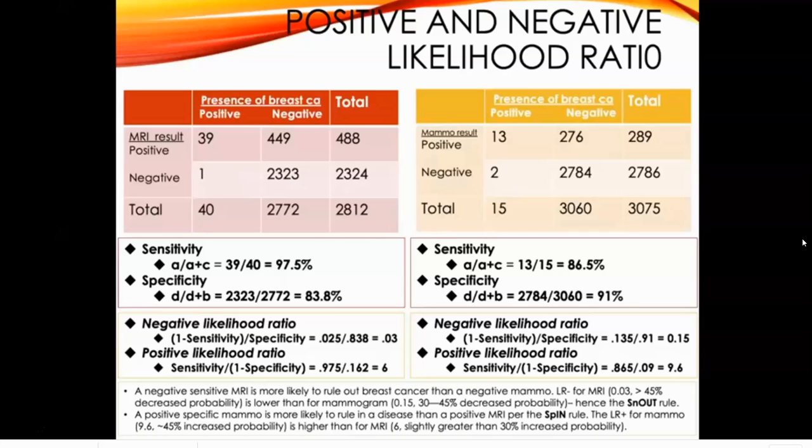And that's higher than the positive likelihood ratio for MRI, 6, which corresponds to a slightly greater than 30% increased probability of having breast cancer. So if you have a positive mammogram, that increases the risk of having breast cancer by about 45%, whereas for a positive MRI, it's by just over 30%. So there you go, that's the SPIN rule.